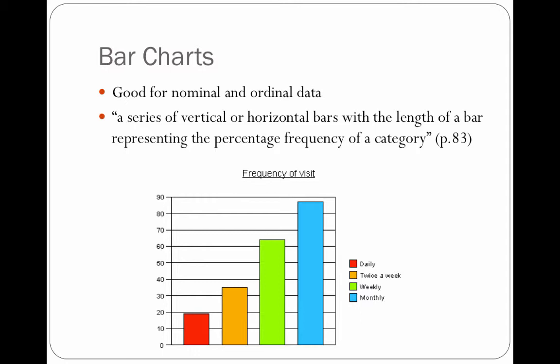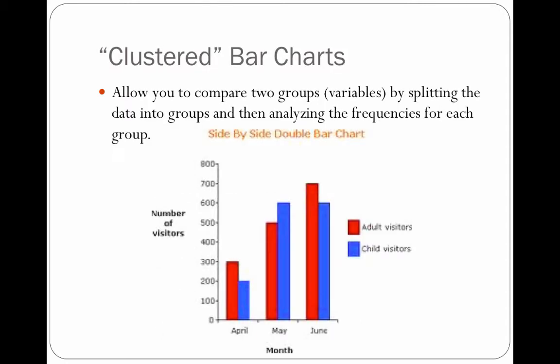another in your interpretations. In addition to a regular bar chart, you can also make what are called clustered bar charts. And a clustered bar chart allows you to look at more than one variable at a time. So it allows you to compare two groups by splitting the data into groups and then analyzing the frequencies for each group.